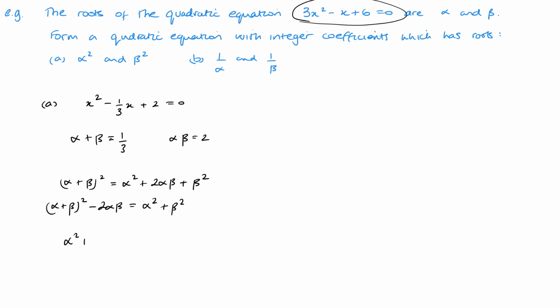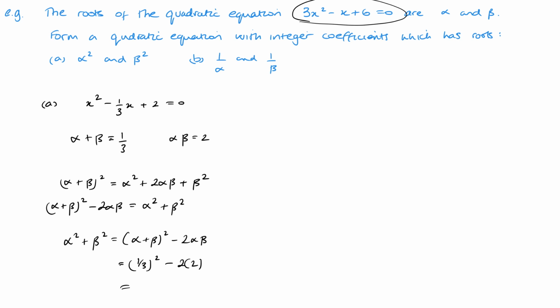So alpha squared plus beta squared, I'll just rewrite this the other way. Now we know alpha plus beta is 1/3, so we can substitute that one in here, and we know that alpha times beta is 2, so again substituting that one in there.